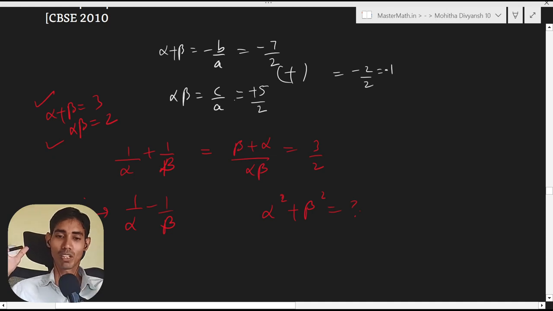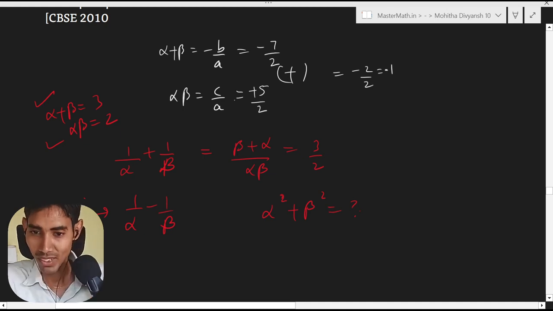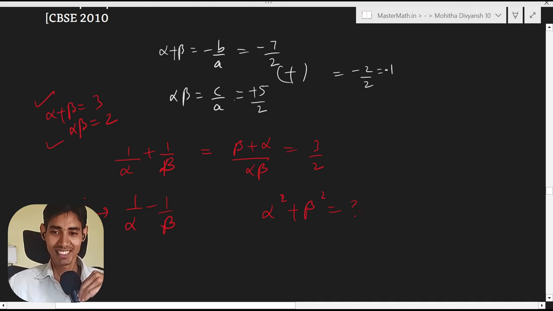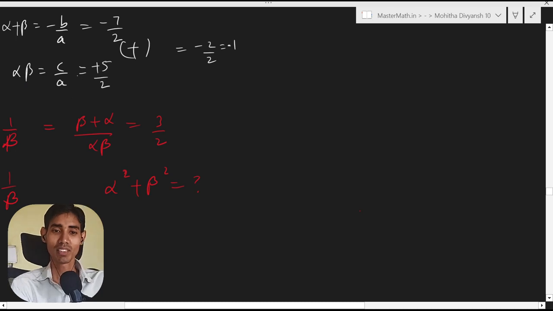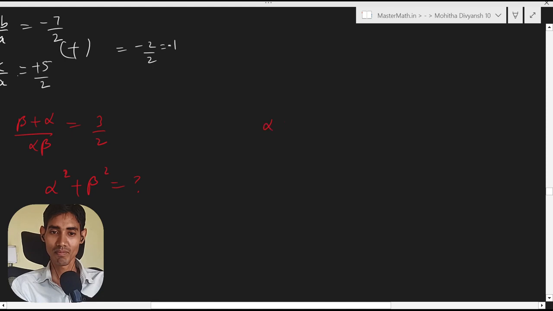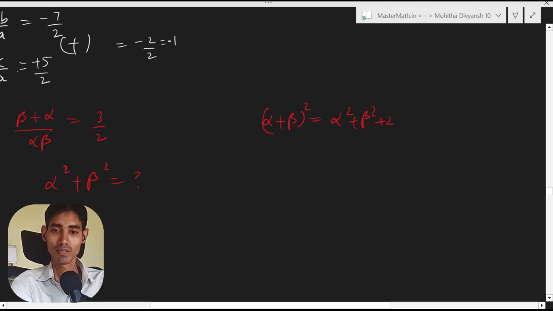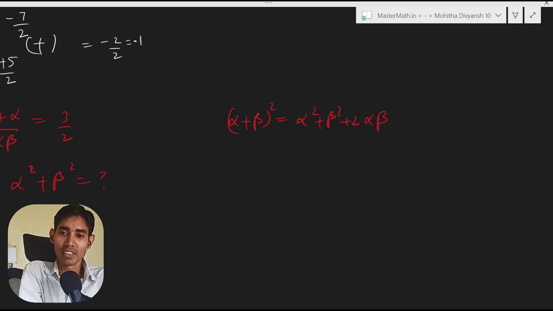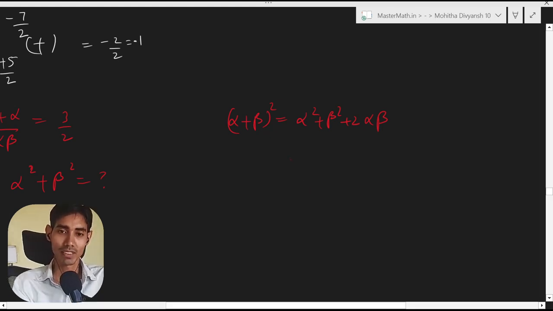Do you know any way to convert alpha square plus beta square to sum and product? Using the formula, the identity. Which one? a square plus b square is equal to... This is our first square identity, the a plus b identity.